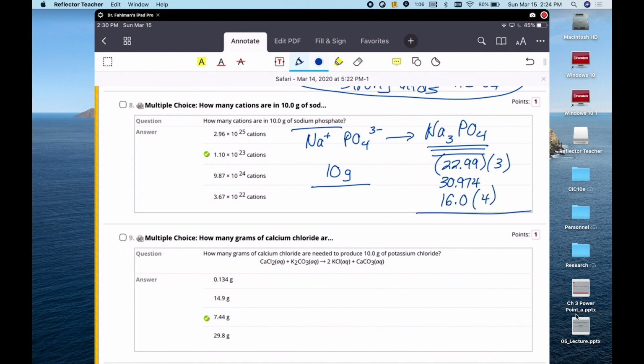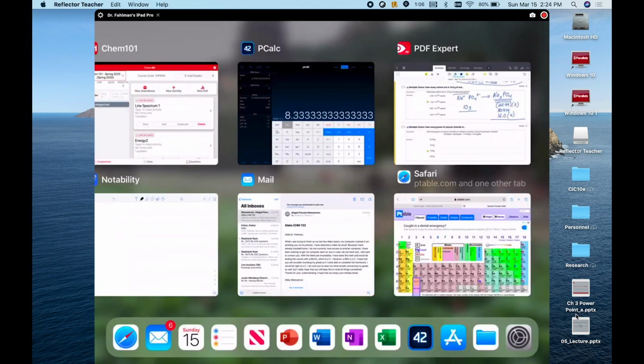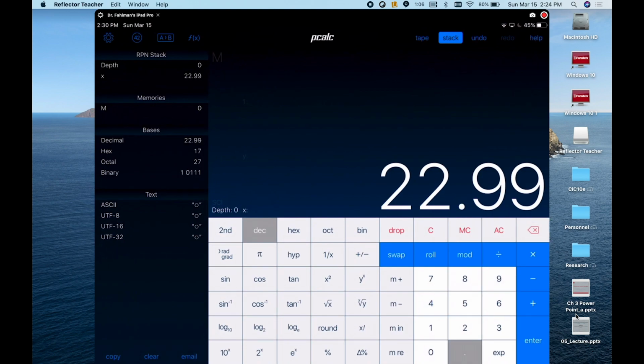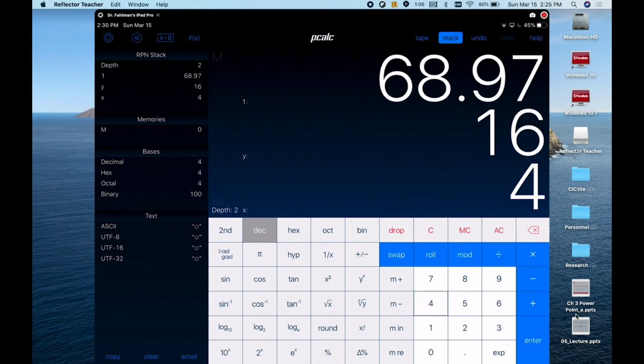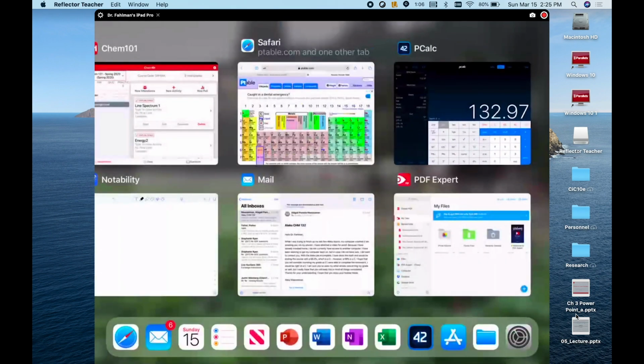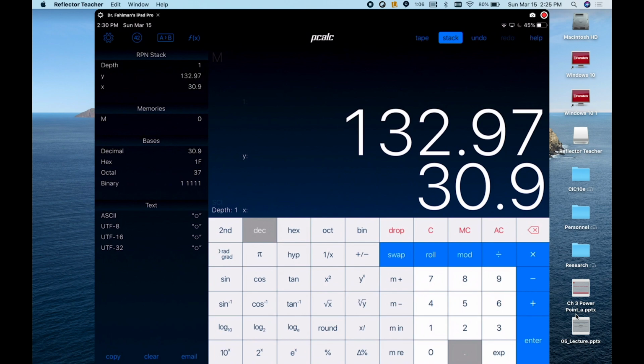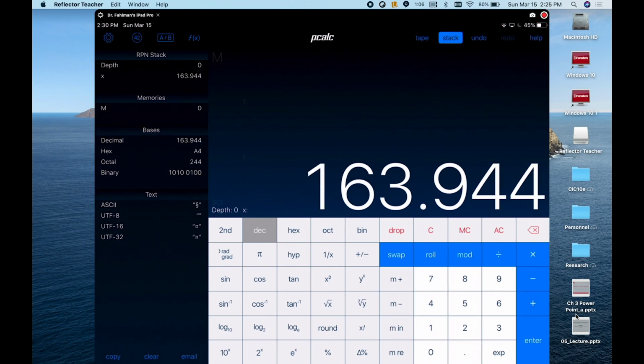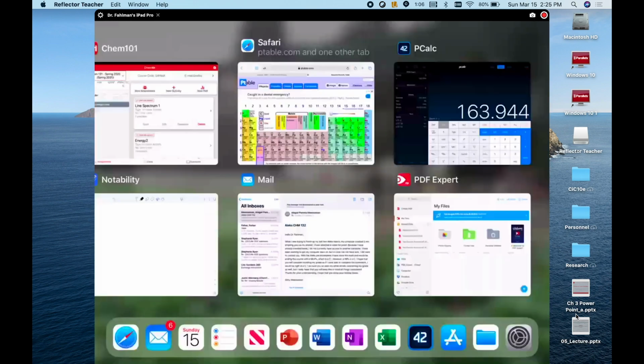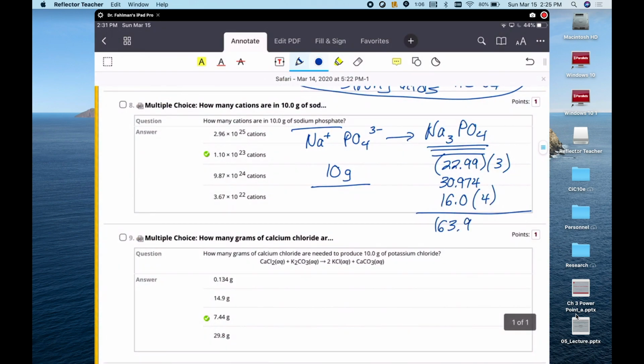So the molar mass for Na3PO4 is 22.99 times 3, and then 16 times 4, and phosphorus, 30.974. So that's 163.944, and the units are, again, grams per mole. So that's what we divide this by.